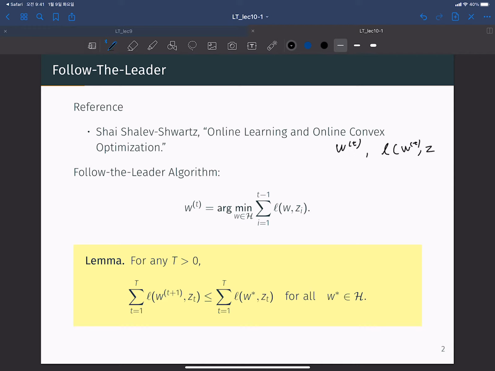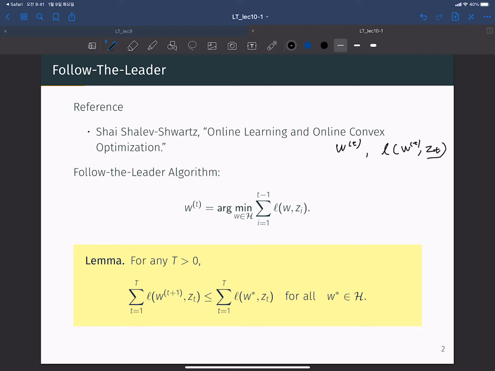Let's assume we know the exact loss function shape f_t for the given z_t, from f_1 to f_t at time t.